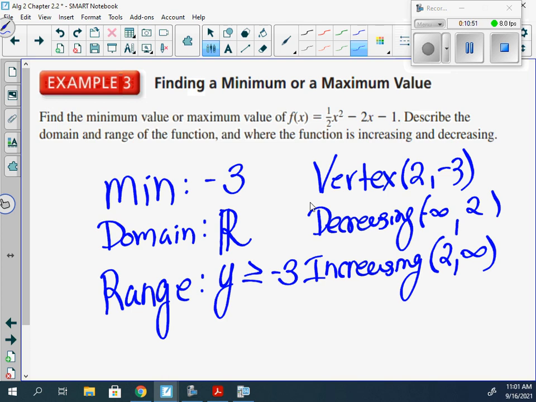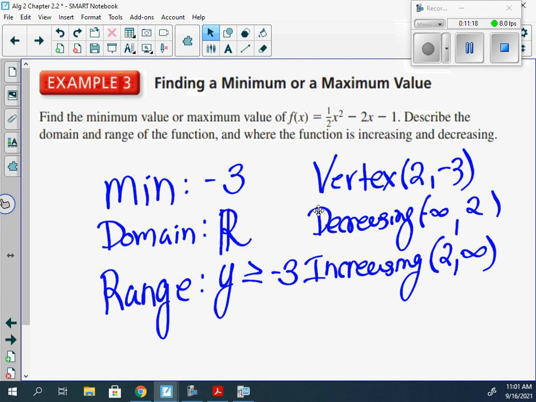Because we can also have graphs that increase for a certain range, then decrease, then increase, and then decrease. Because we can have it going up and down. So we can have multiple ranges where it increases and decreases. So just saying to the left and right really doesn't help us. Interval notation is better. But that's it. That's all this is asking for.